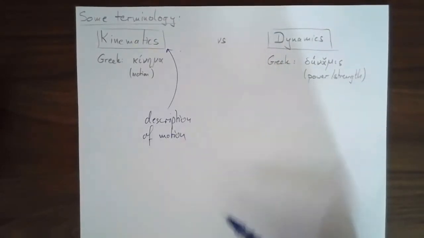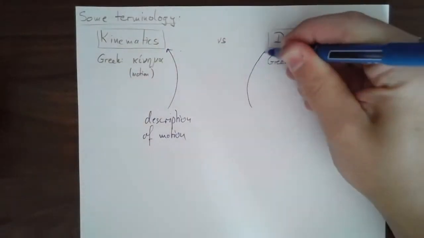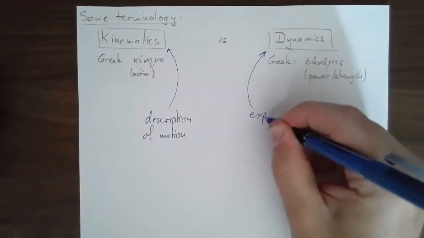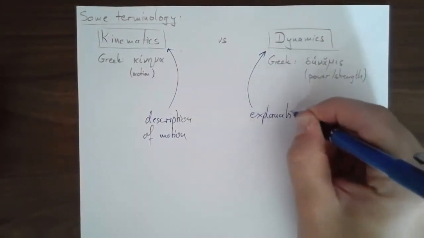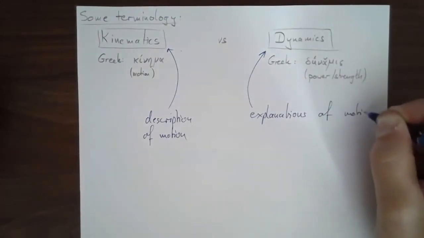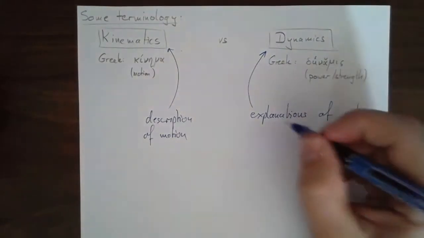How are those different quantities related? Dynamics, at least in the way that the term is used in physics, refers to, roughly speaking, explanations of motion. Why does stuff move? What are the underlying laws that determine how things move?